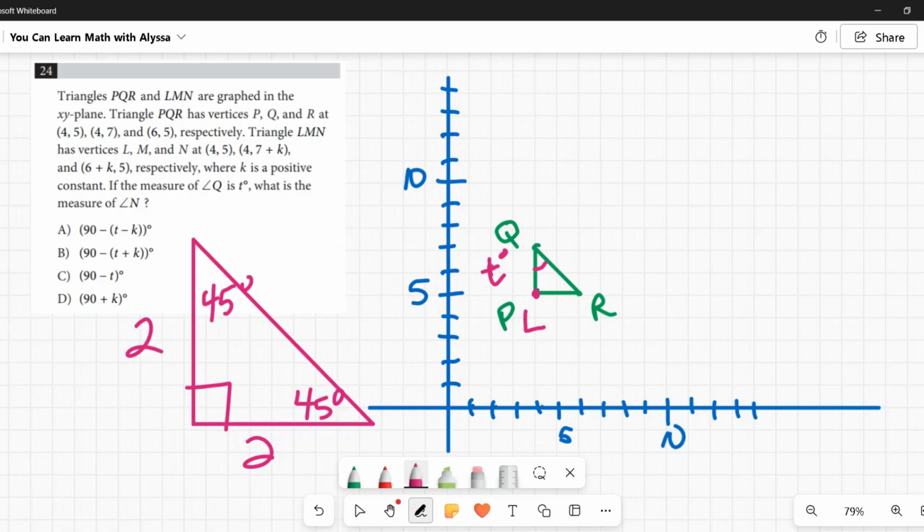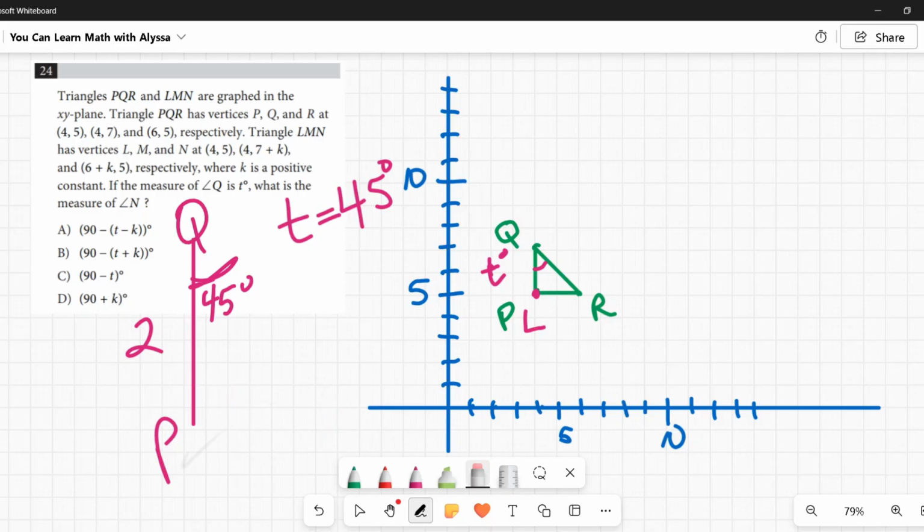So we already know that t is 45 degrees, because this is t right here. This is Q, and there's P and there's R. But we're not being asked that. We're being asked, what is angle N? Let's draw what we think this must be.